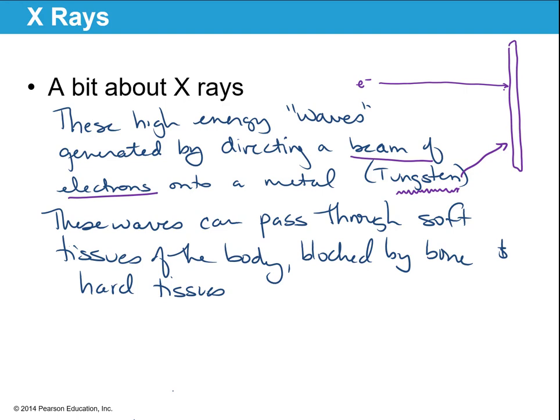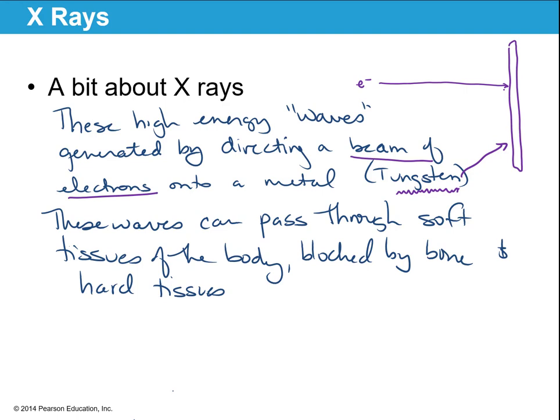Electrons energize the tungsten. So the metal gets energized. And then when it releases that energy, the energy that it releases is an X-ray. Okay? So that energy released gets focused on some part of you if you're having an X-ray.